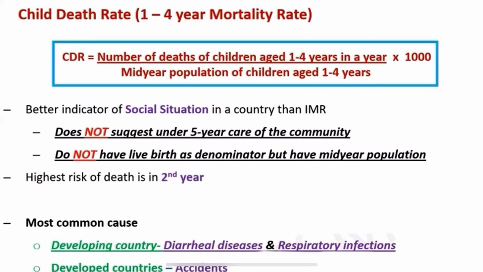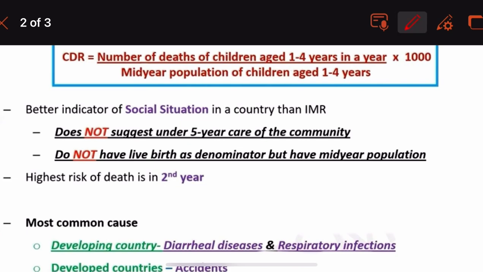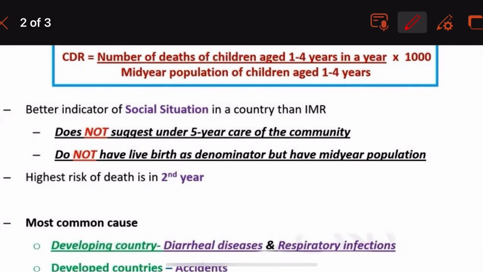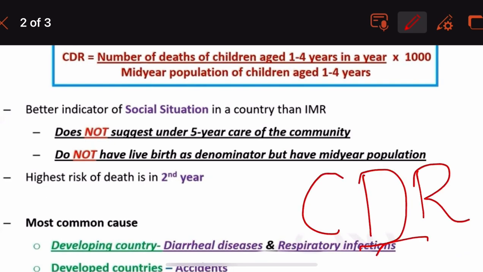There are certain MCQs in this child death rate. The underlined parts are the MCQs. The child mortality rate or the child death rate does not suggest the under 5 year care of the community. Very important, don't forget: it does not suggest the under 5 year care of the community.